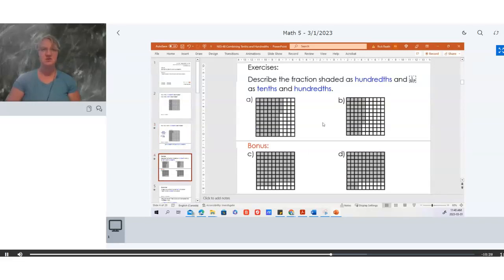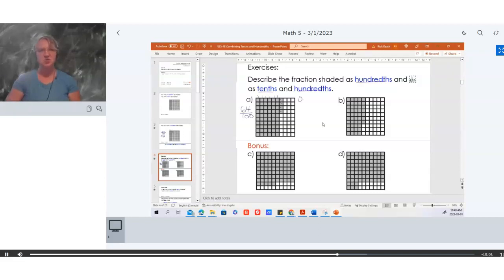So if we look at these and we describe them as hundredths and then as tenths and hundredths, let's count how much is shaded here. I'm just going to write it over 100 to remind us our fraction is out of 100. We have 10, 20, 30, 40, 50, 60, 61, 62, 63, 64. 64 out of 100.